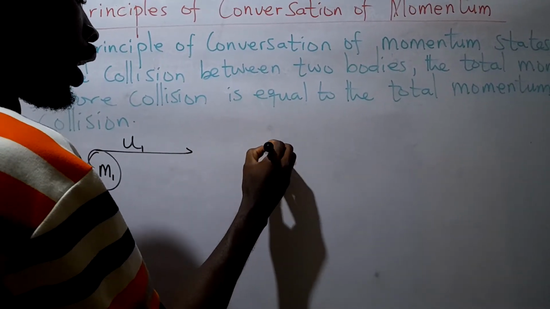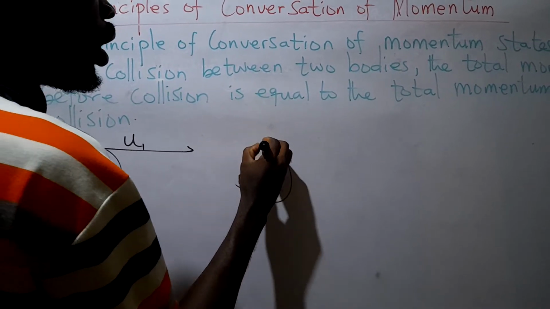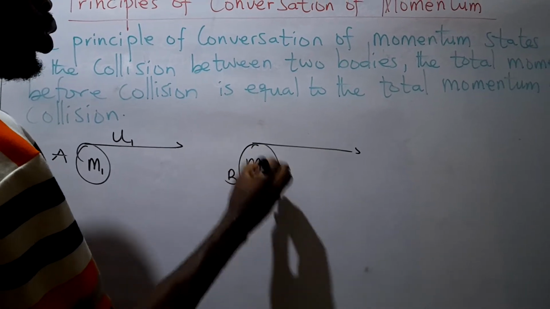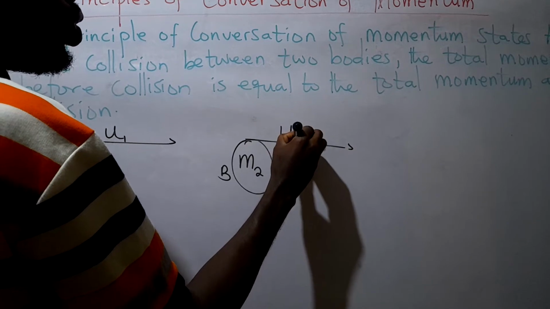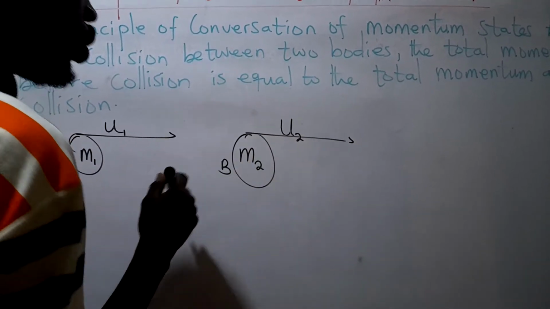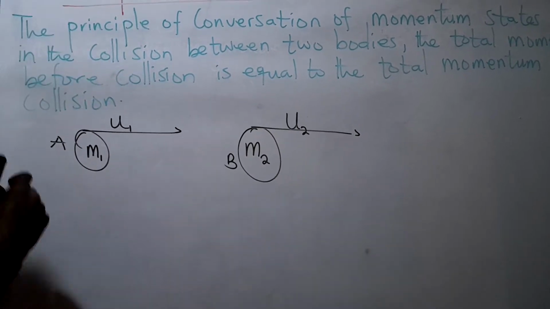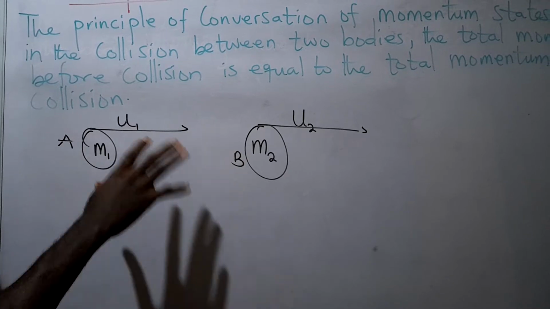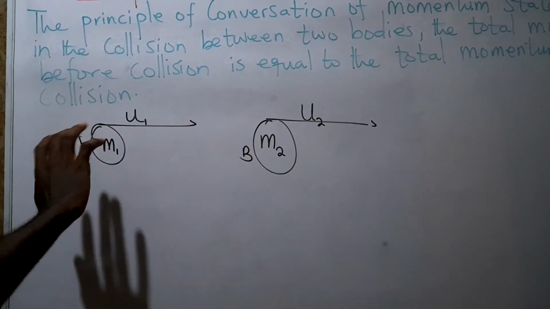And we have another car, B, whose mass is m2, moving at a speed of u2, and this car happens to crash into the other car. Two things will happen if they crash, but let's look at the first scenario first.